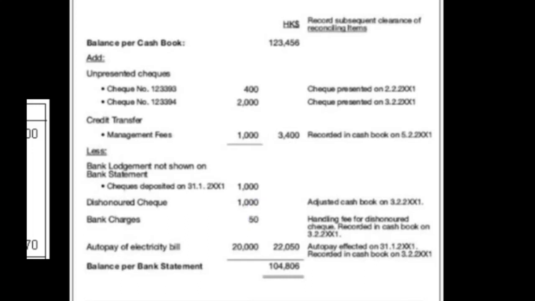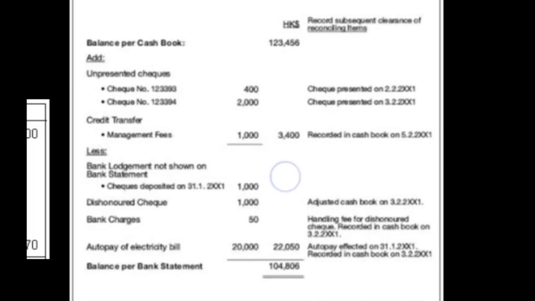Then auto pay of electricity bills. You have instructed the bank to pay the electricity bill on a specific date of the month, and the bank, upon your instruction, has done the same. So what will you do with this 20,000? You will deduct this 20,000 from the books of the company. So what will you get? You'll get the balance equal to the bank.